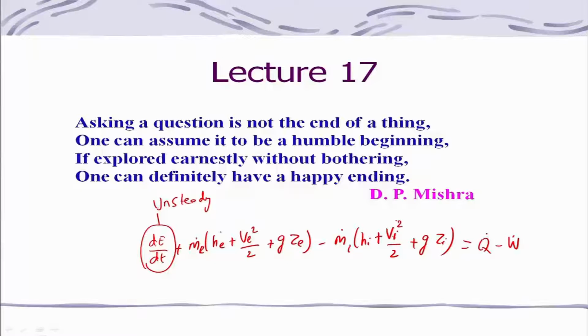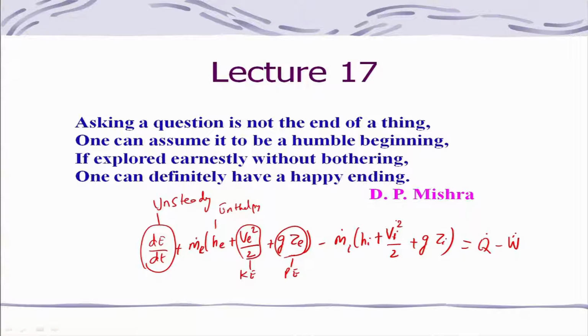And this is your enthalpy, this is the kinetic energy term, and this is your potential energy term. Similarly, this is about the exit and this is about the inlet, the enthalpy, kinetic energy and potential energy. This is your heat interaction, and this is your work interaction.